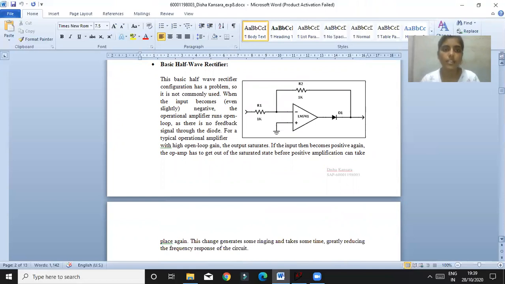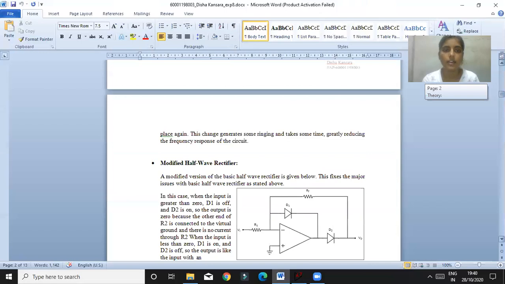When the input becomes negative, the operational amplifier runs in open loop, and as there is no feedback signal through the diode for a typical operational amplifier with high open loop gain, the output saturates. If the input then becomes positive again, the op-amp has to get out of the saturated state before positive amplification can take place again.